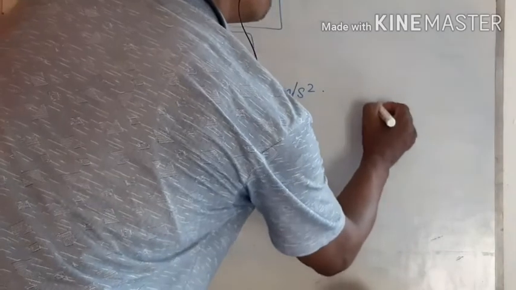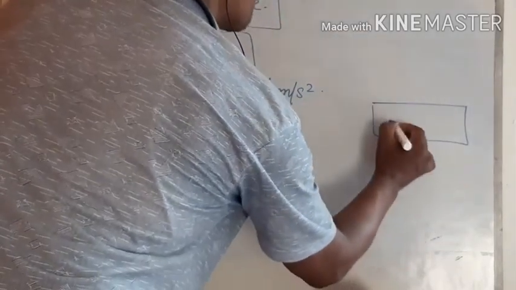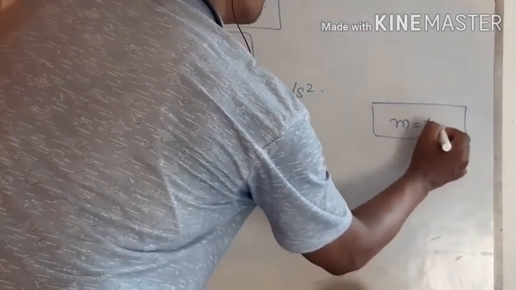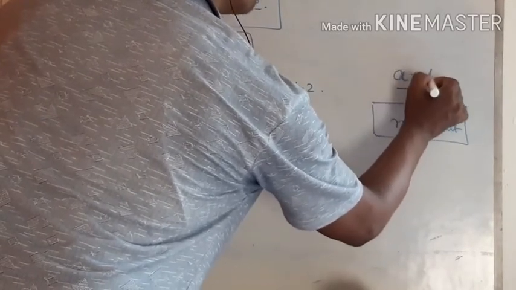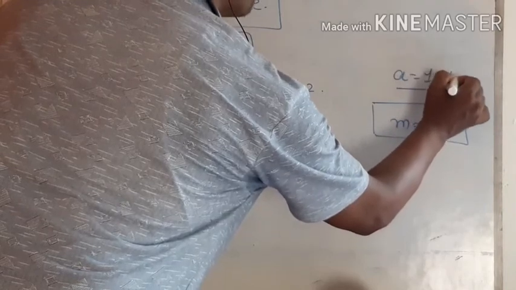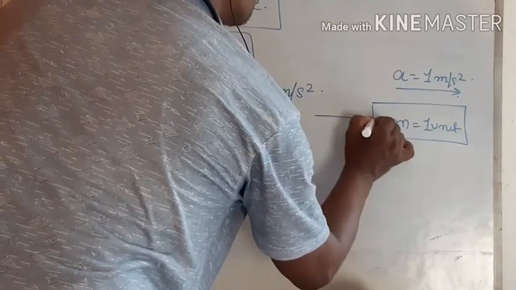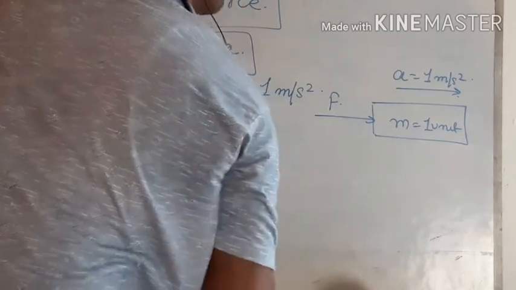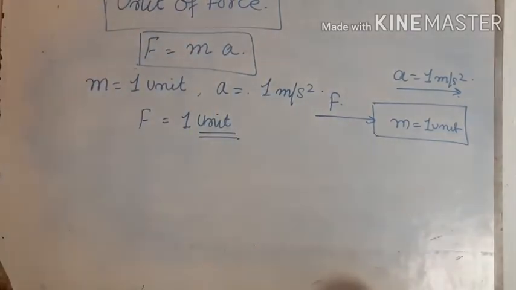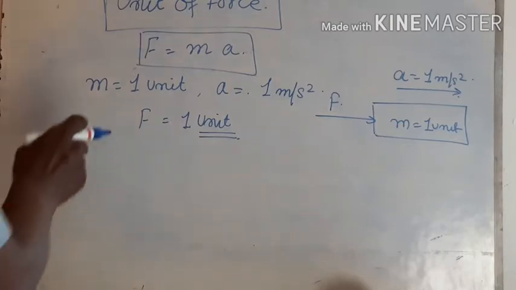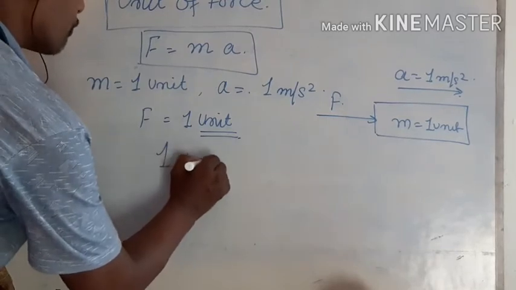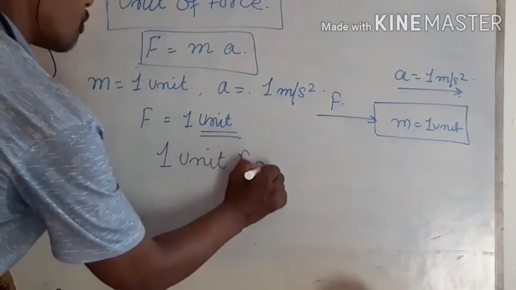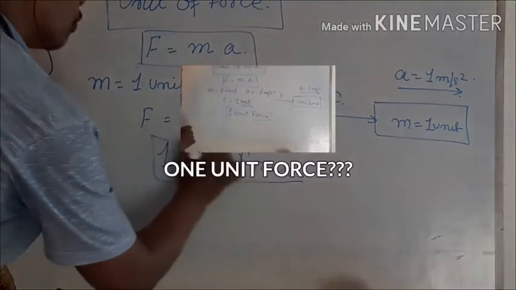This is the case. m is equal to 1 unit, and acceleration produced is equal to 1 meter per second square. Then we define this F is equal to 1 unit as 1 unit force. So how do you define the 1 unit force?